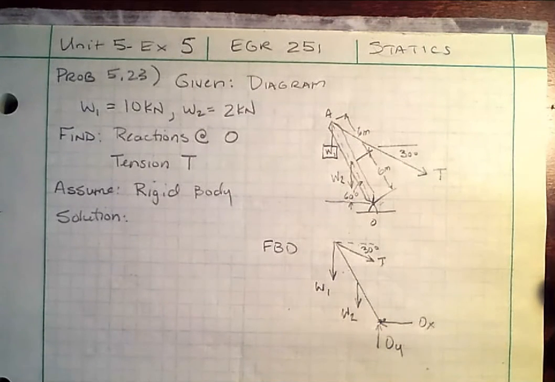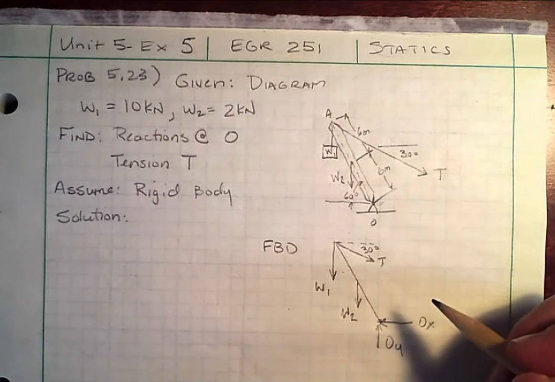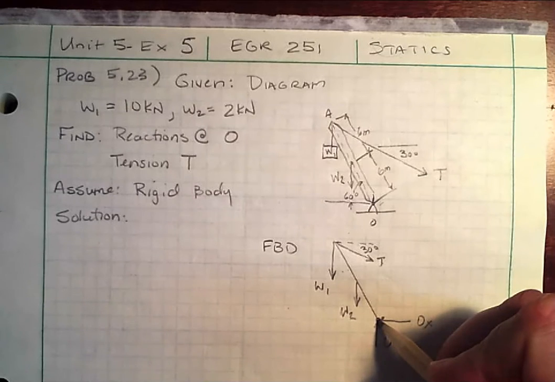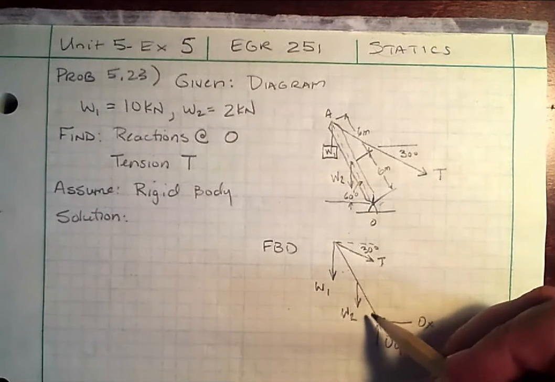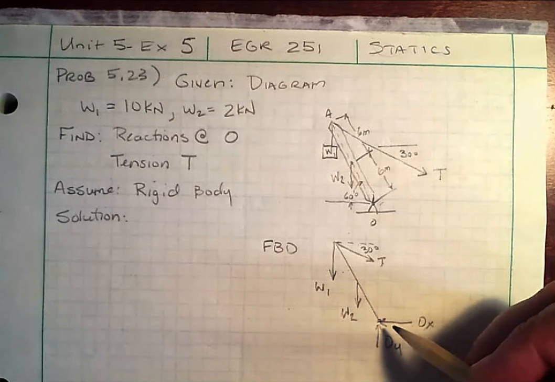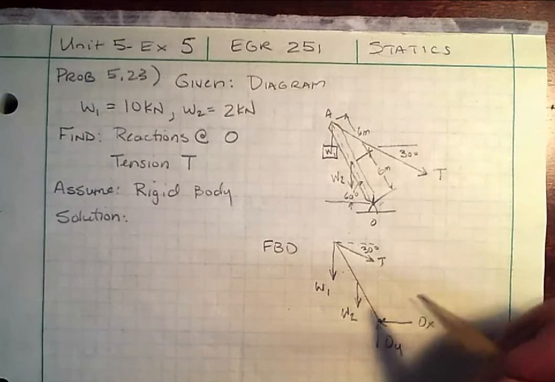So let's try to figure out a spot where we can eliminate at least one of the unknowns. The simplest place to do that is point O. If we take a look at point O, we're going to have the weights and the tension, but we're not going to have any of the forces at O. So summing moments about point O will solve at least part of our problem.